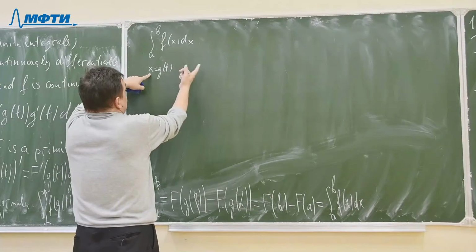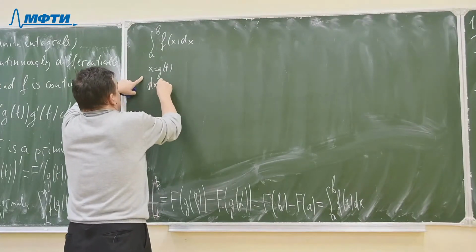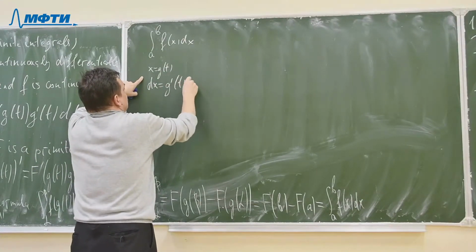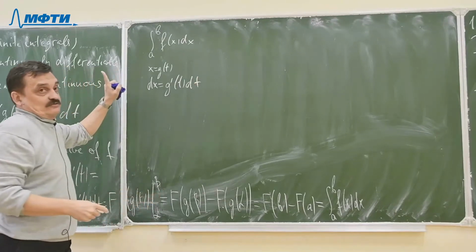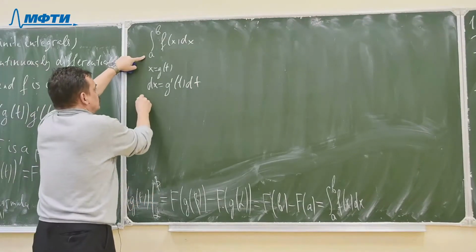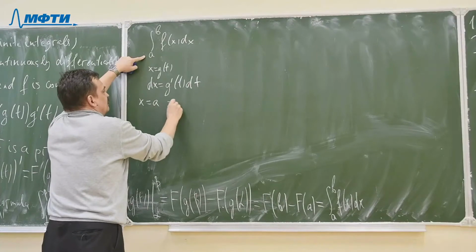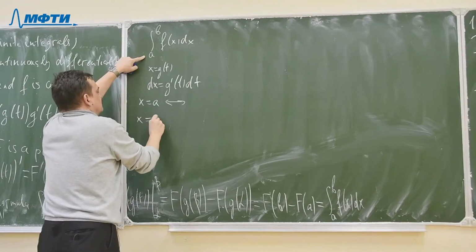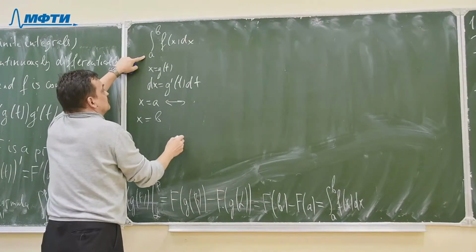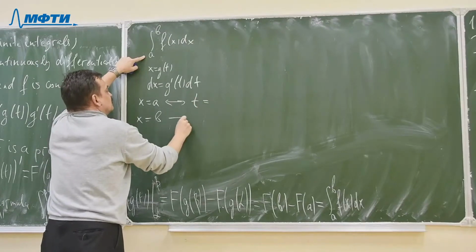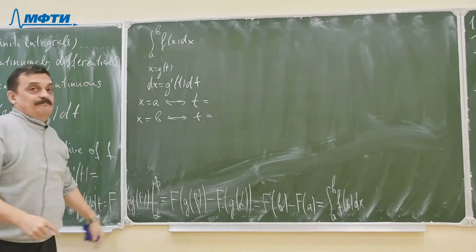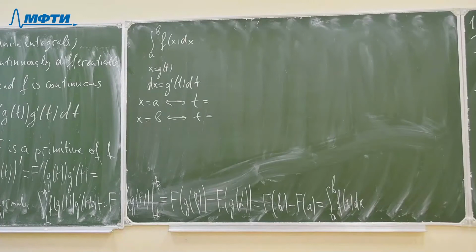So you see dx equals g prime of t dt, right? But also, what is important, we should look at x equals a and replace it by what we have.